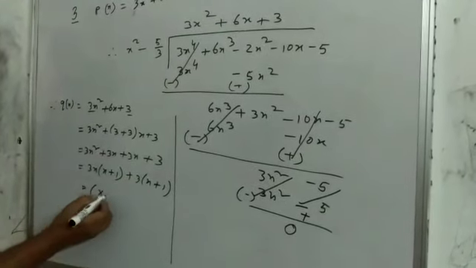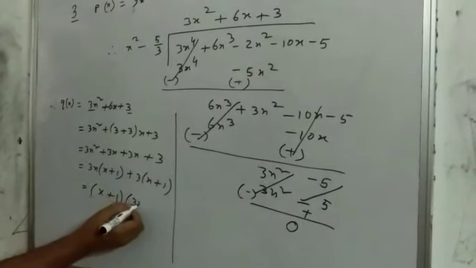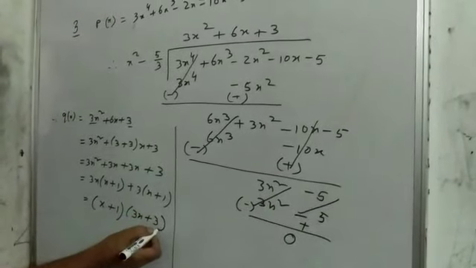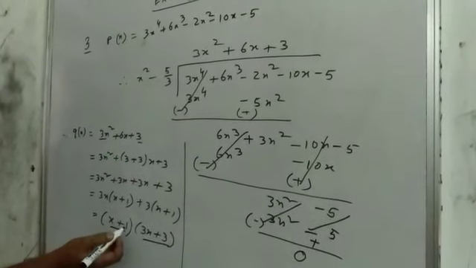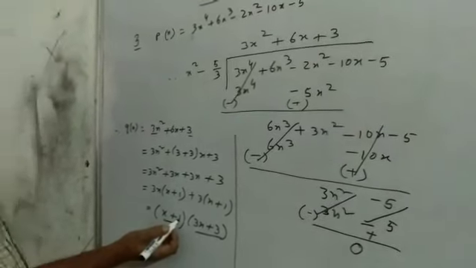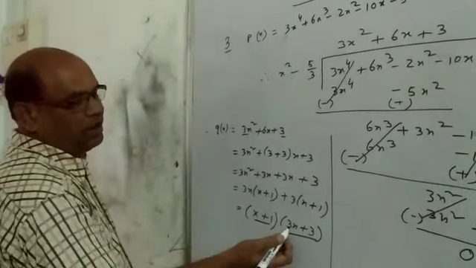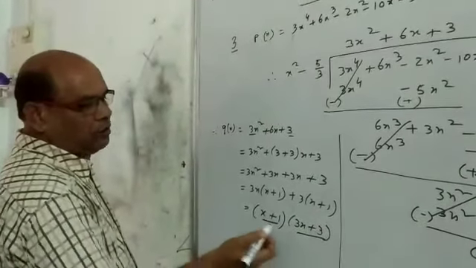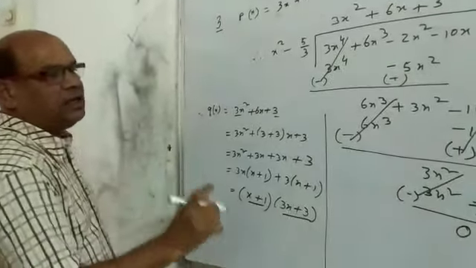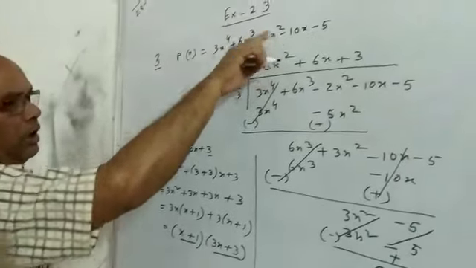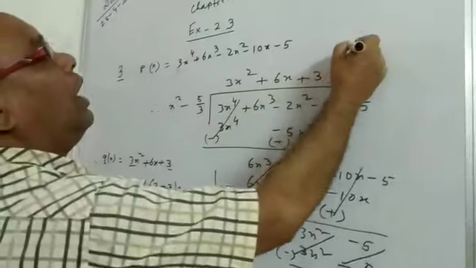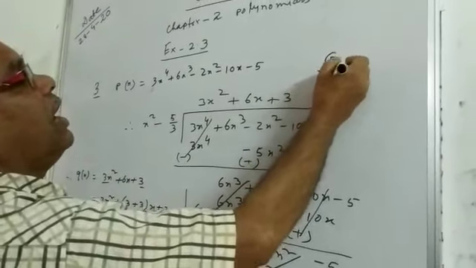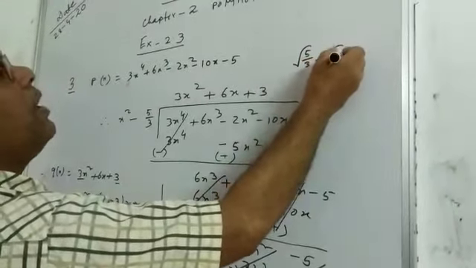So the factors are x plus 1 and 3x plus 3. So from here it is clear that the zero of this term is minus 1, and the zero of this term is minus 3 by 3, that is minus 1. Means minus 1 and minus 1 are the other two zeros of this polynomial. Two zeros are root 5 by 3 and minus root 5 by 3.